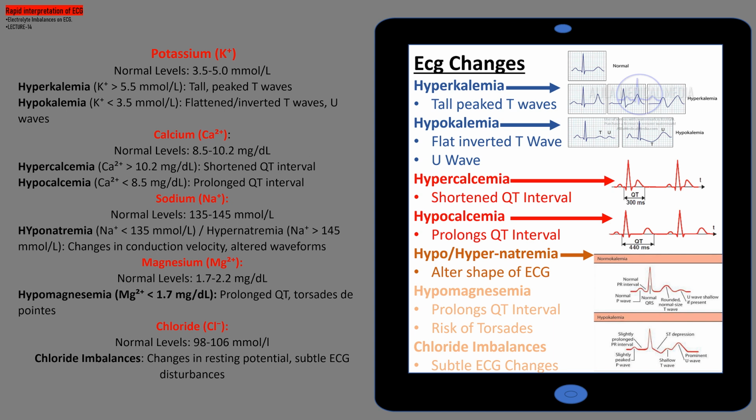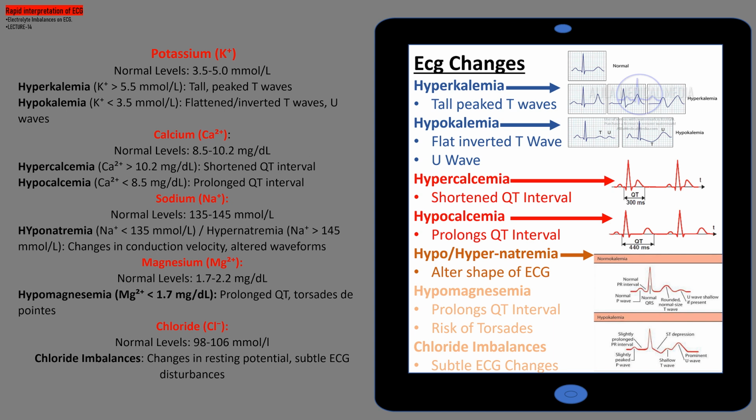Hypercalcemia, calcium greater than 10.2 milligrams per deciliter, leads to a shortened QT interval, while hypocalcemia, calcium less than 8.5 milligrams per deciliter, causes a prolonged QT interval. Hypernatremia, sodium greater than 145 millimol, or hyponatremia, sodium less than 135 millimol, can alter the conduction velocity and shape of the ECG.